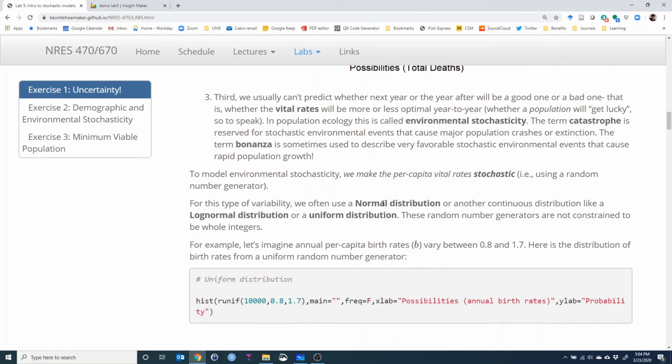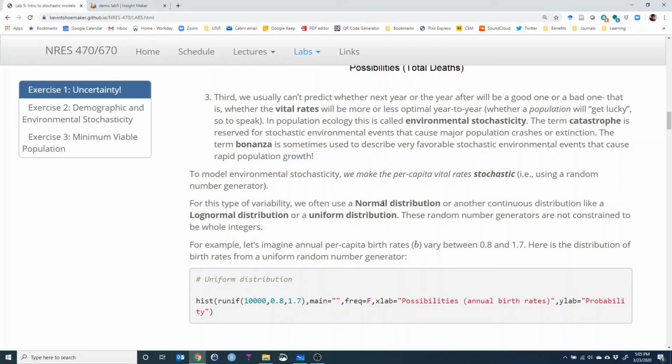And finally, the third type of uncertainty that we have to deal with in our models is environmental stochasticity. And that's kind of luckiness or unluckiness at a population level. So that per capita vital rate might change from year to year just because the environment is more favorable one year and less favorable another year. This is environmental stochasticity. Now, we sometimes think of extreme environmental events as being either catastrophes or, on the other hand, the term bonanza is sometimes used to describe an especially good, favorable year.